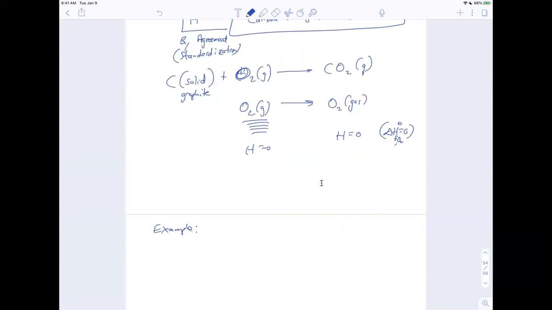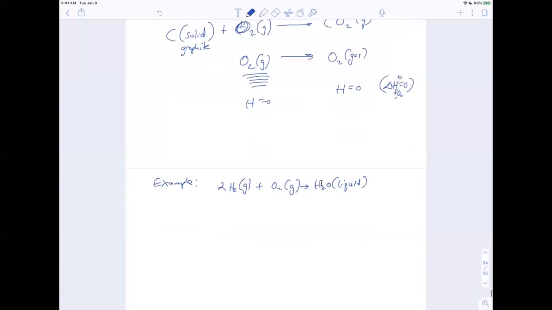So for the formation of H2O liquid, okay, we can say we have 2H2 in the gas plus O2 gas goes to 2H2O. So the enthalpy of formation then for H2 gas is equal to 0. This has H equal to 0. That's the most stable form. This guy has H equal to 0.